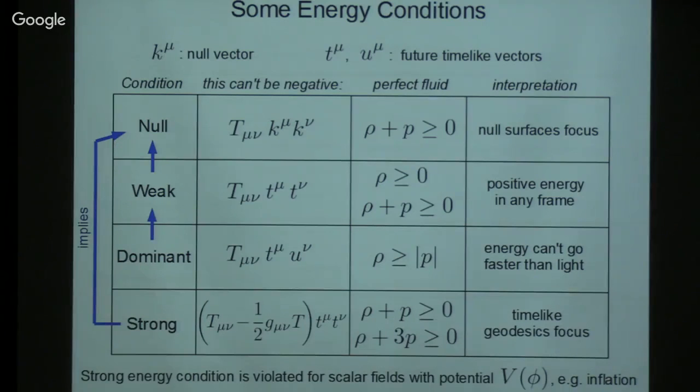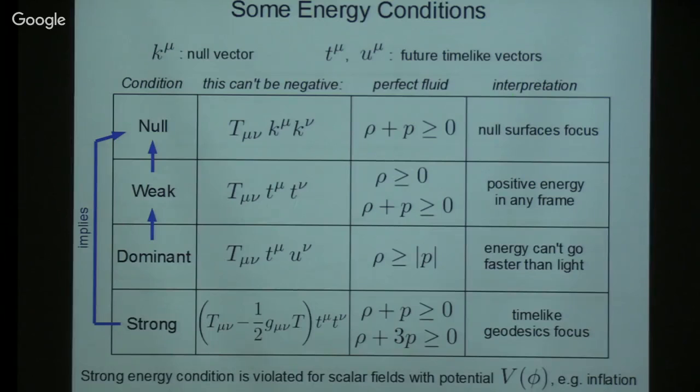My favorite is the null energy condition. And here I've written down the thing that cannot be negative if the null energy condition is true. You take the stress energy tensor and you take a light-light component and you take the same light-light component for both of these indices. And that thing is required to be non-negative.